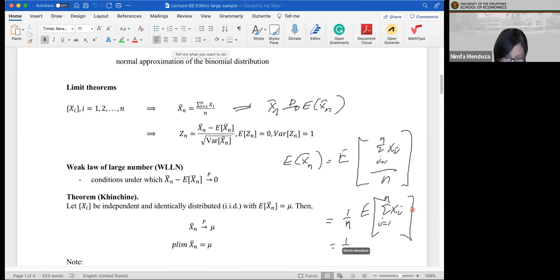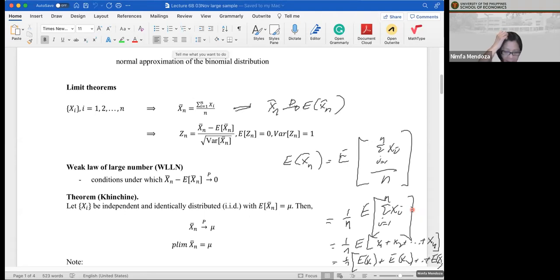So that is 1 over n times the expected value of X sub 1 plus X sub 2 plus so on to X sub n. That is 1 over n times the expected value of X sub 1 plus the expected value of X sub 2 plus so on to the expected value of X sub n.